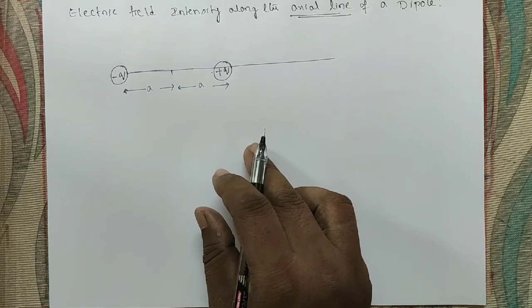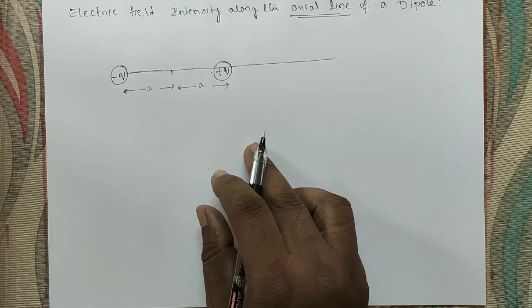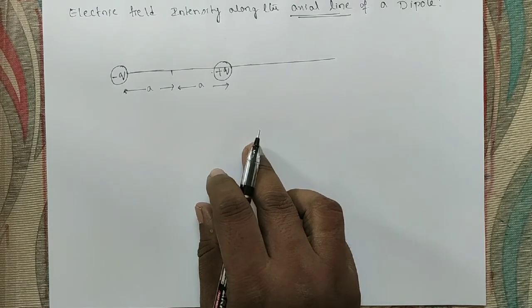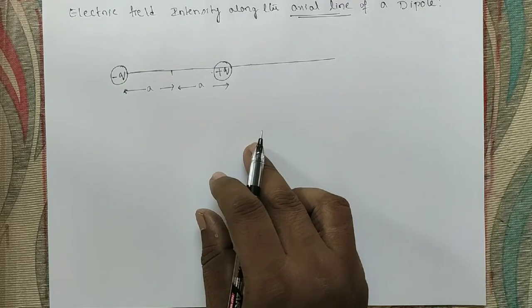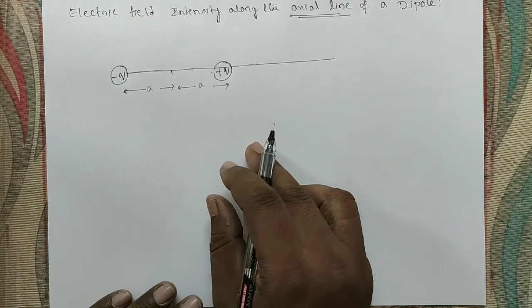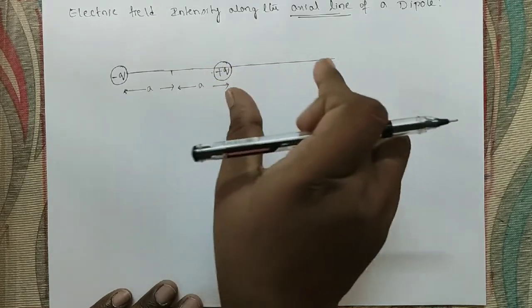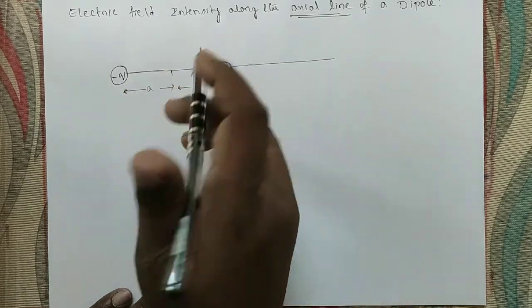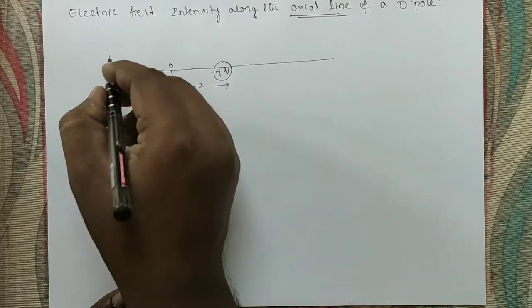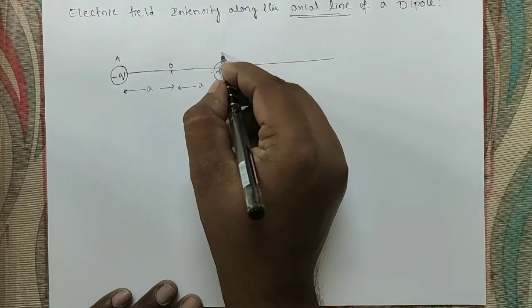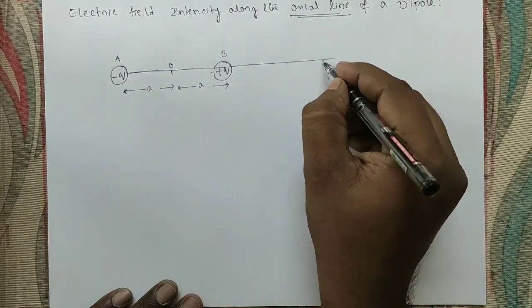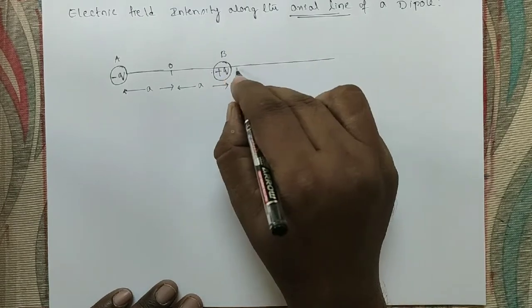Because of these two charges, an electric field intensity arises. So due to these two charges, at a certain distance from this center O, we consider a point P on this axial line.